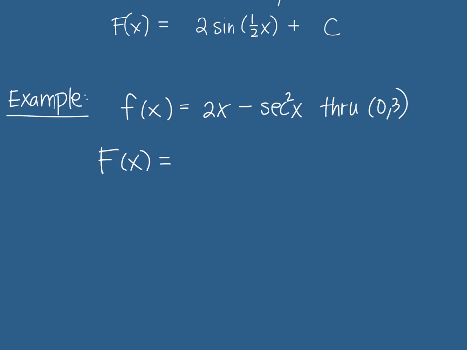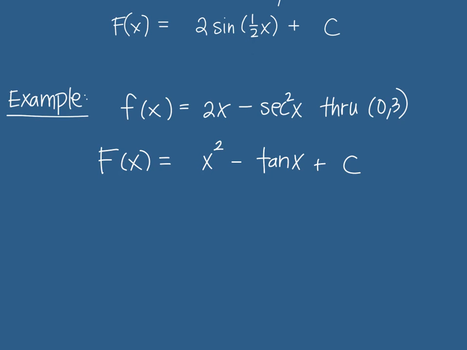It's just asking the question, where did it come from? So what is the antiderivative of 2x? x squared. Minus, okay, where did secant squared come from? It came from tangent. We memorized that back in the day. And then to make it a full antiderivative, I say plus c.